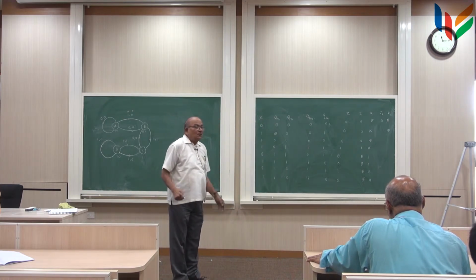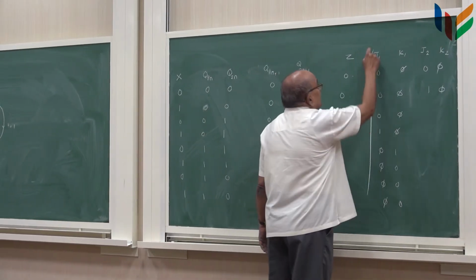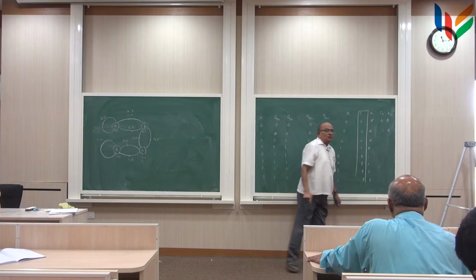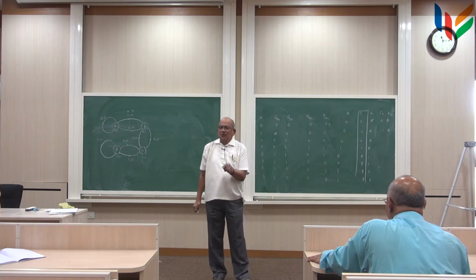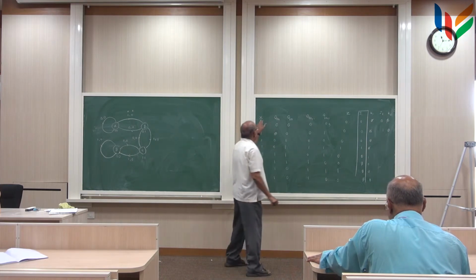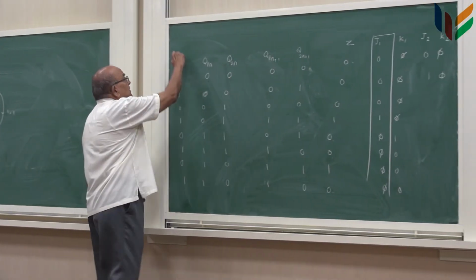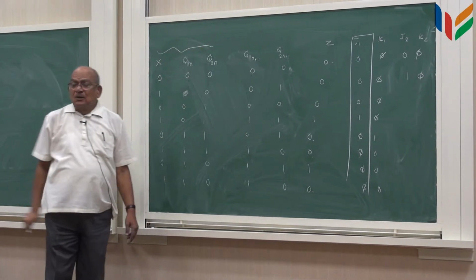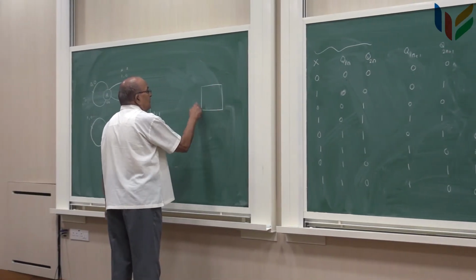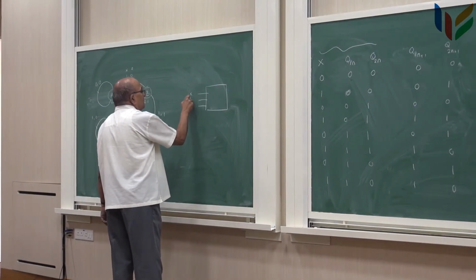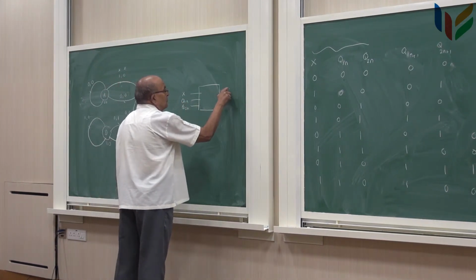So now what you need to do? I need to find out the combinatorial circuit which will give J1 with inputs being X, Q1n and Q2n. So these three inputs going to that black box will give you my J1.